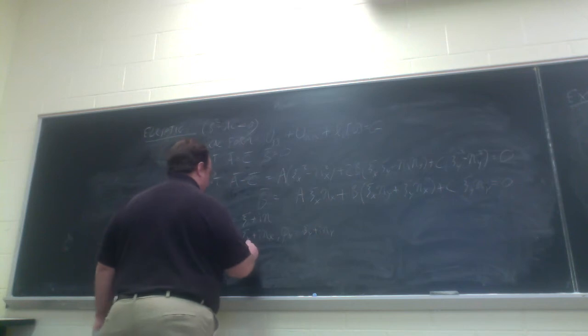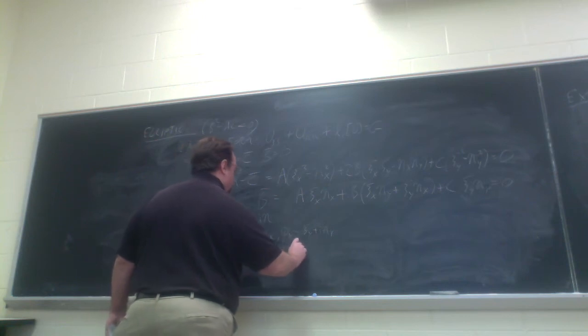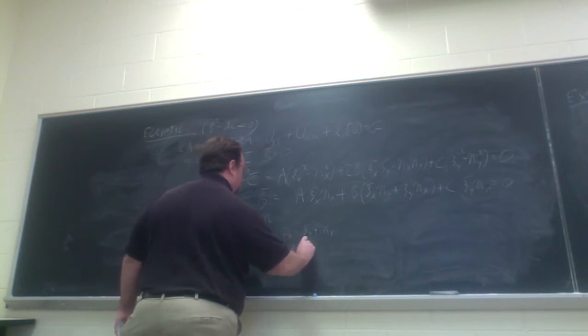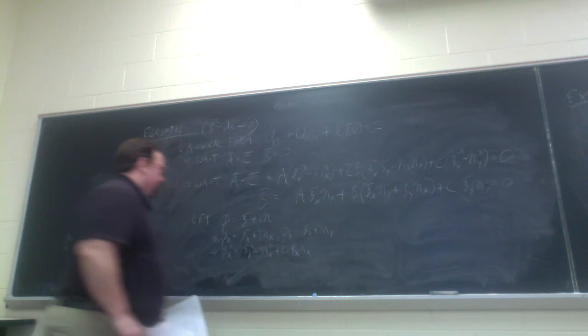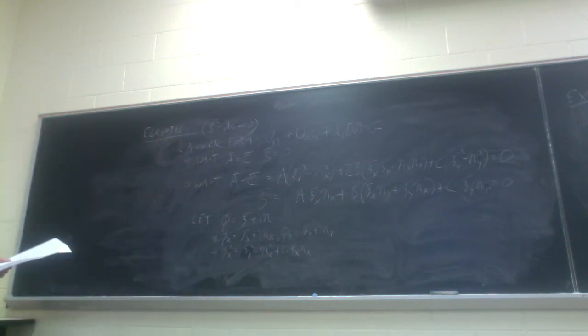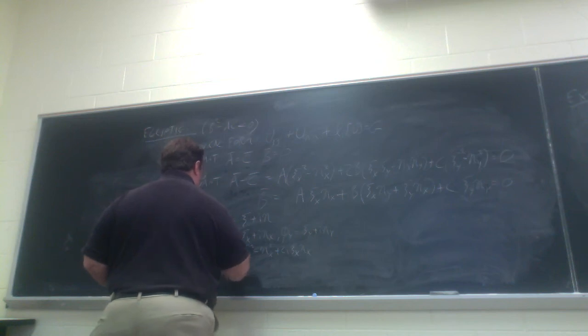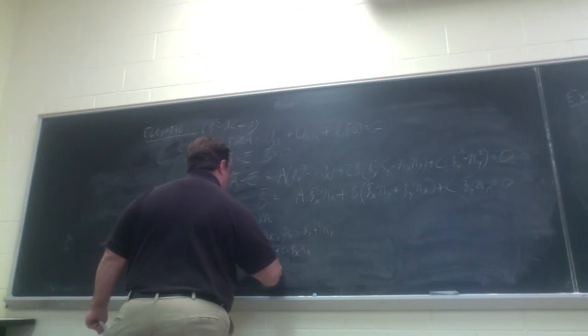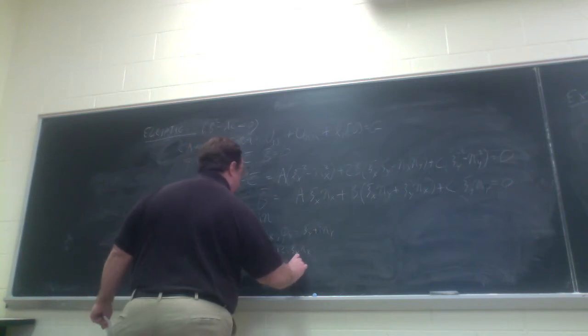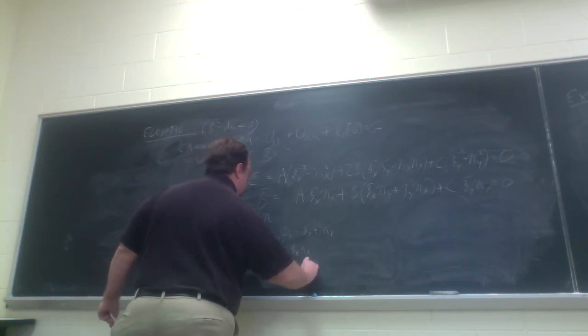So I'm going to get xi x squared minus eta x squared plus 2i xi x eta x. And then I'm going to have a similar expression for phi y squared. So that's going to be xi y squared minus eta y squared plus 2i xi y eta y.